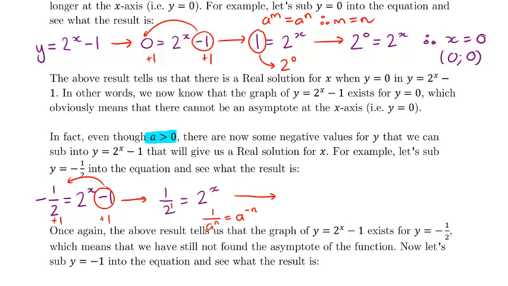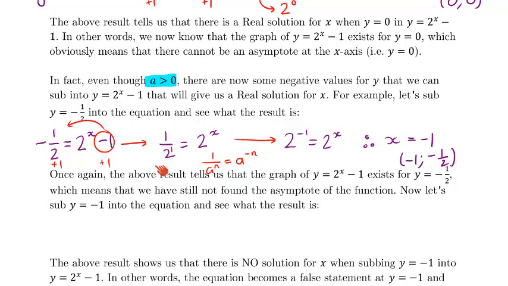We are going to go ahead and say that 1 over 2 is 2 to the minus 1, basically, which equals 2 to the x. We did this because now we can make the conclusion, therefore, x clearly must equal minus 1 over here. So basically this means that there's a point (minus 1, minus a half) that exists on the graph of this function even though a is greater than naught, guys. What is q doing to this function?